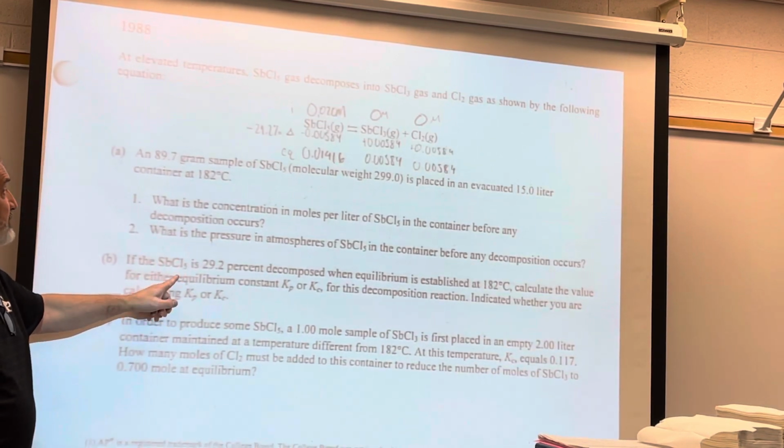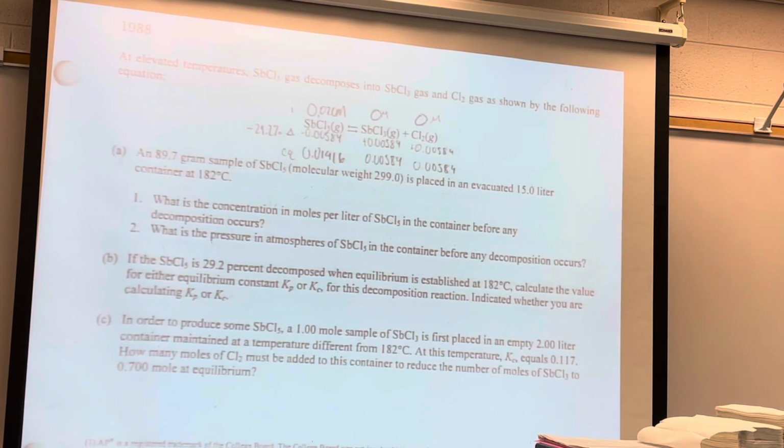Okay, now this is where it says SbCl5 goes to SbCl3 plus Cl2. Initially, what did we calculate the initial molarity to be? 0.020 molar.